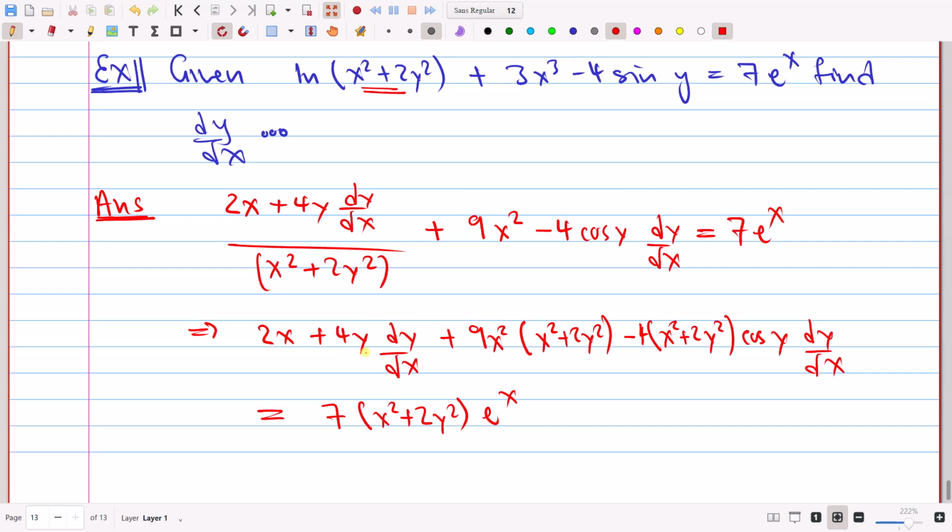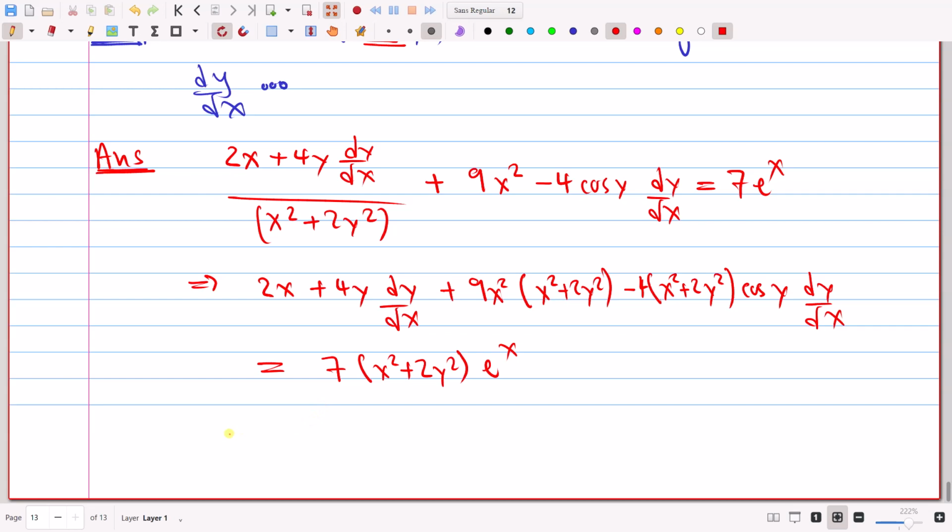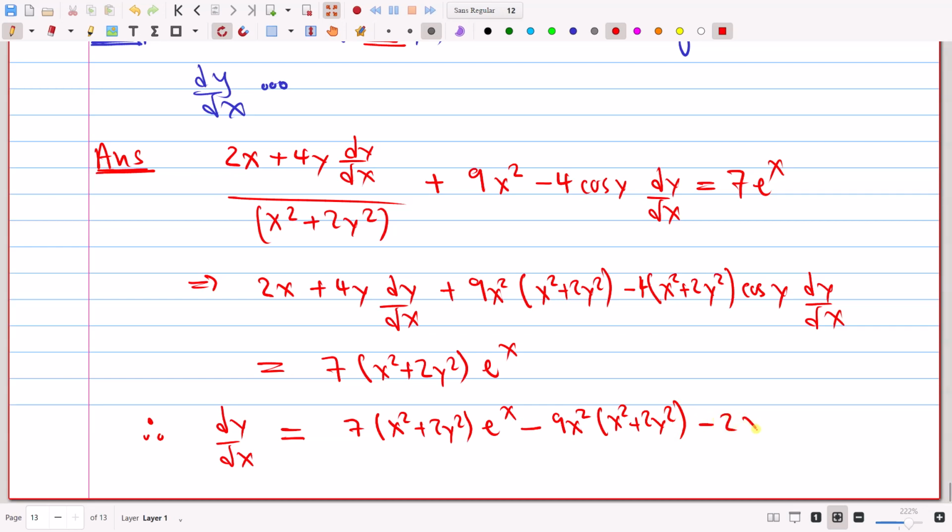Now you can collect all your terms that have dy/dx together, and then simplify. If you do that, finally you will have your dy/dx being, at the right hand side, 7(x squared plus 2y squared) e to x, and then this term will join, so we'll have minus 9x squared (x squared plus 2y squared), then minus 2x.